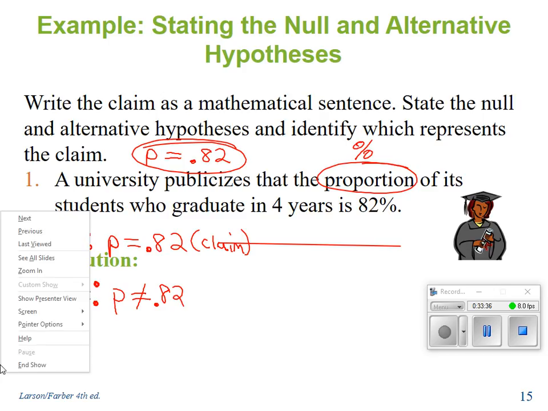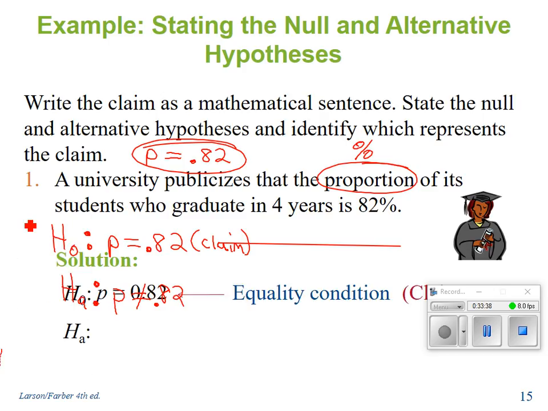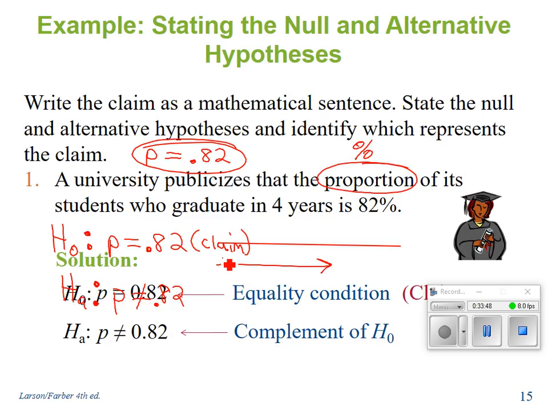So the solution, we got our null, alternative, equal to, we just did all that. That's the complement, not equal to. We wanted to graph them. Remember, if we graph the null, put 0.82 in here. We want it to be equal to, so it'd just be a dot on 0.82.